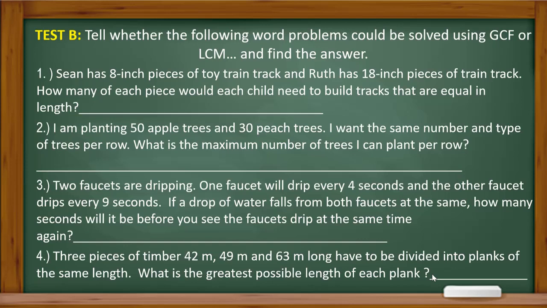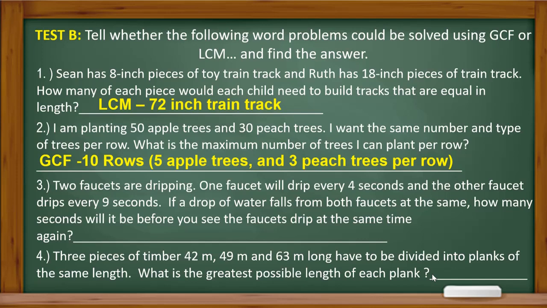Now, let us check your answers. For number 1, we could solve the problem using LCM. The answer will be 72-inch train track. For number 2, we could solve the problem using GCF. The answer would be 10 rows.